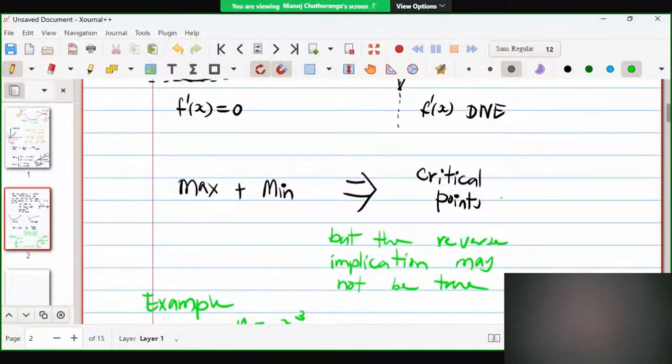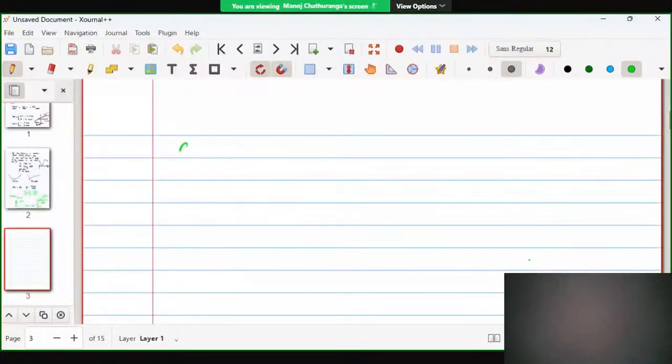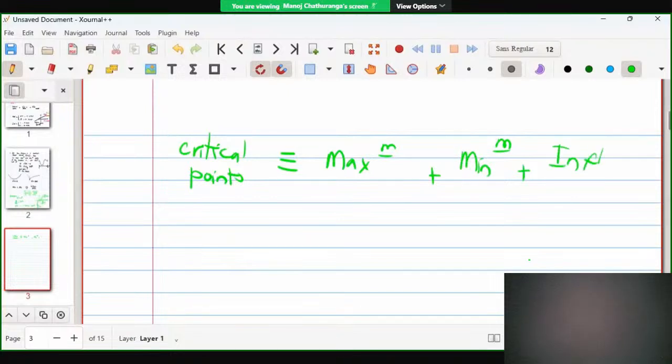You need to consider them and see whether these critical points are maximums or minimums, or they may be inflection points like this.